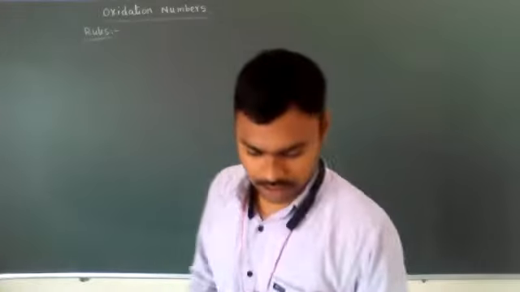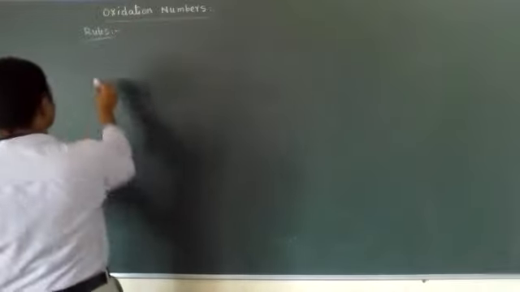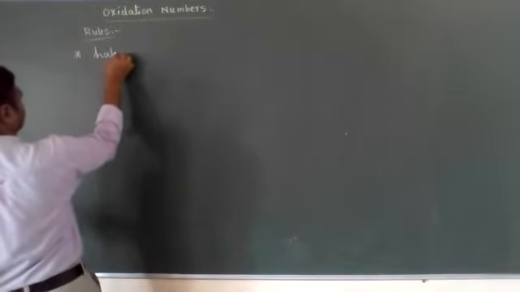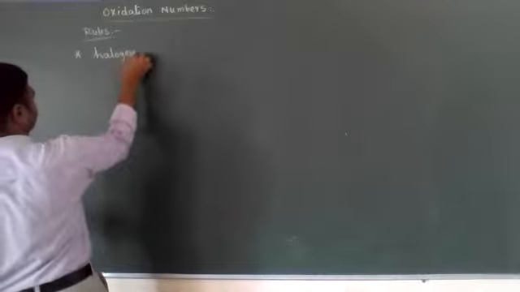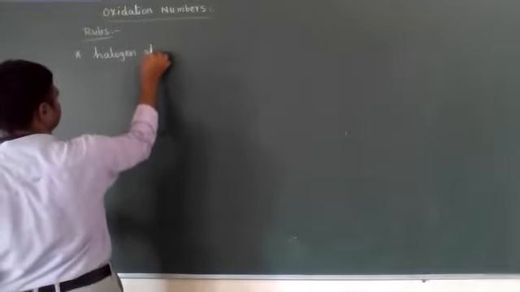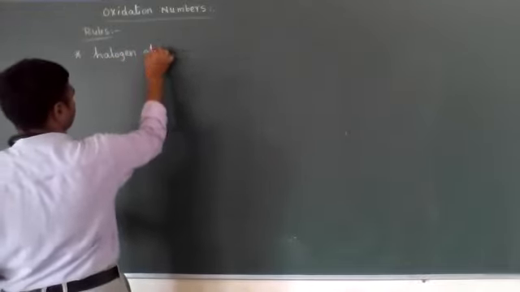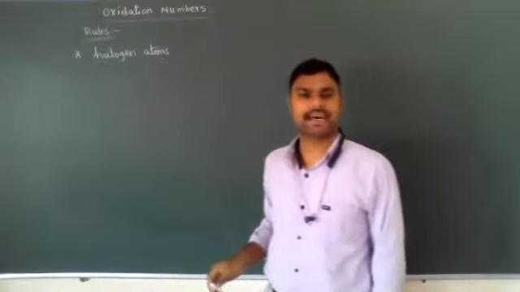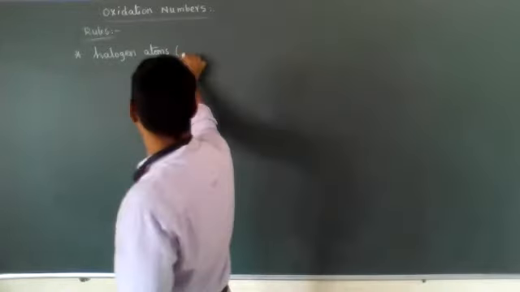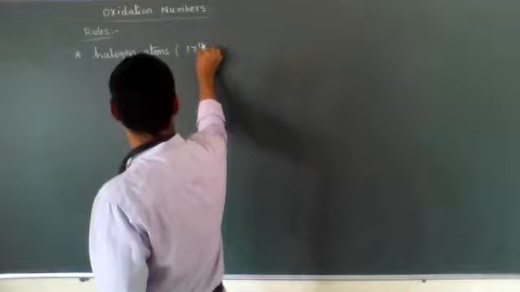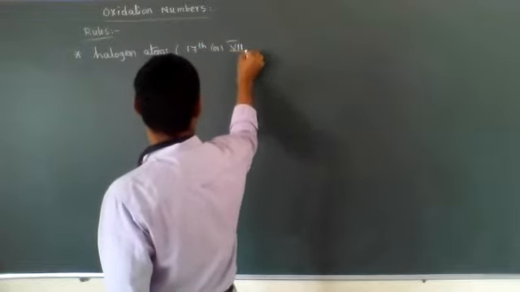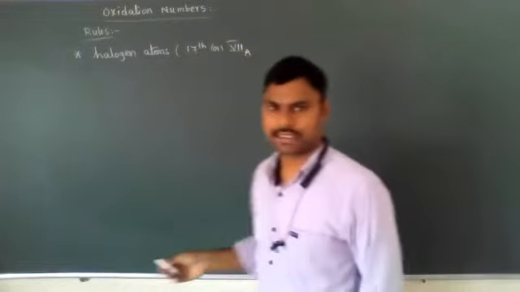Halogen atoms. Halogen atoms means what are those? 17th group elements, or 7th A group elements, p block elements.